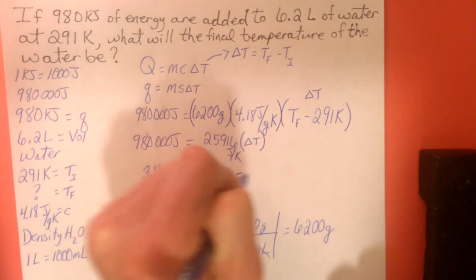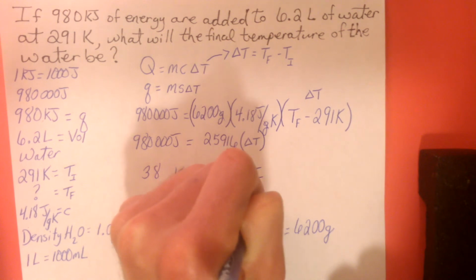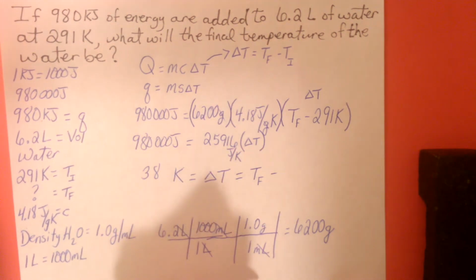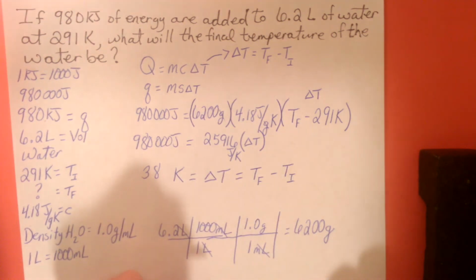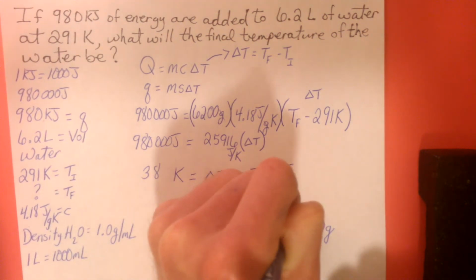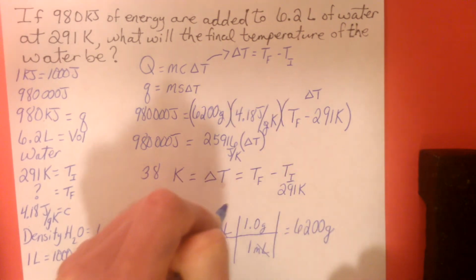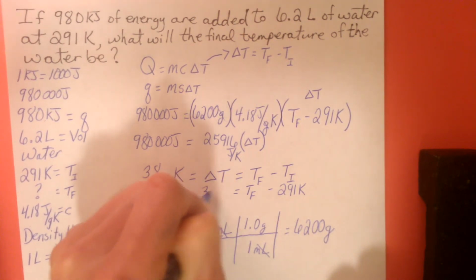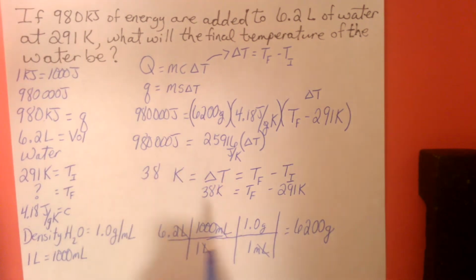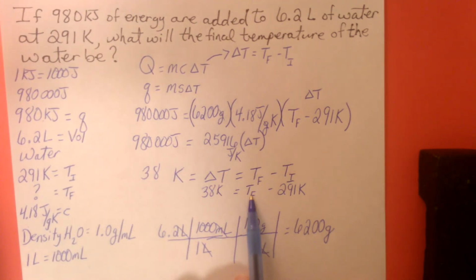What is change in temperature equal to? That is final temperature minus the initial temperature. Our initial temperature was 291 Kelvin. So now we have 38 Kelvin is equal to final temperature minus 291.